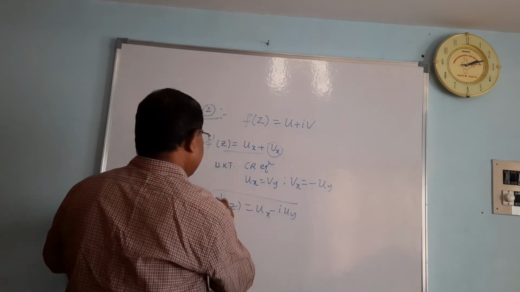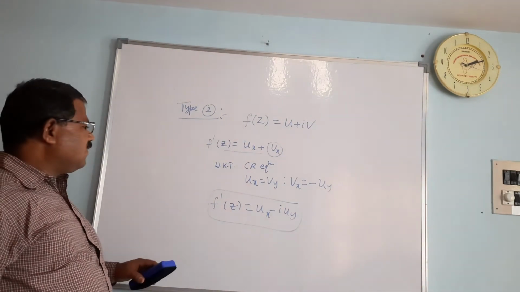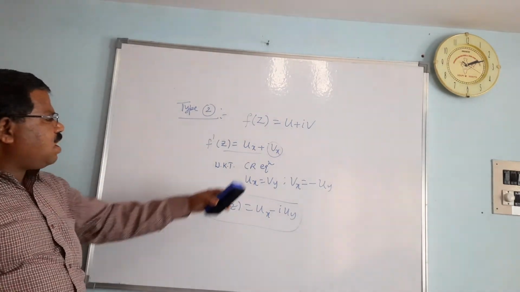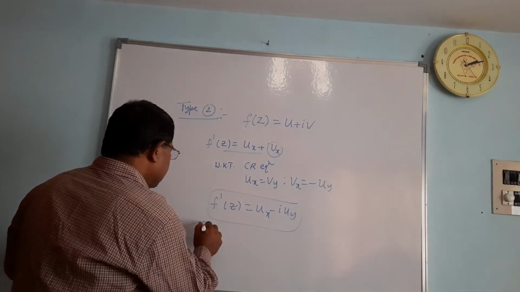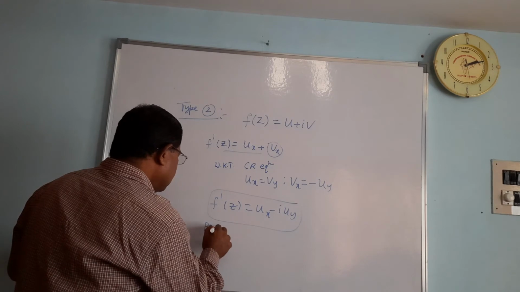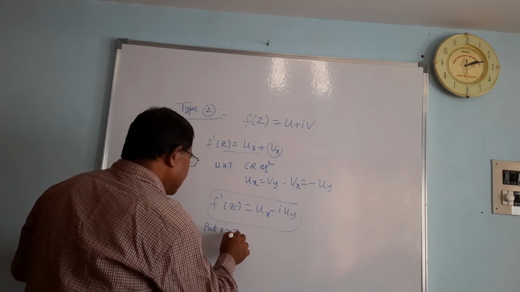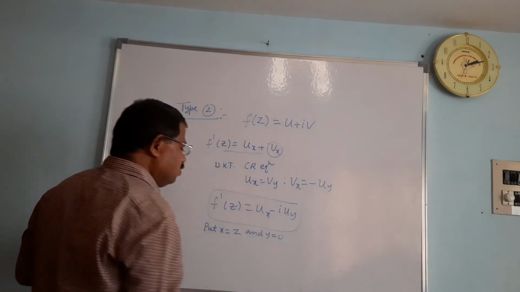This is the formula. Similarly, whether given v, we have to change this formula. And also put x equal to z and y equal to 0.